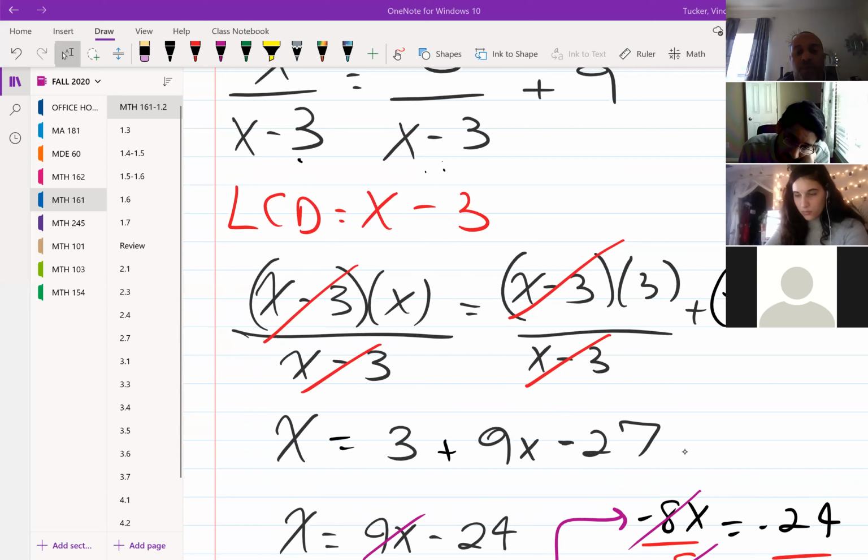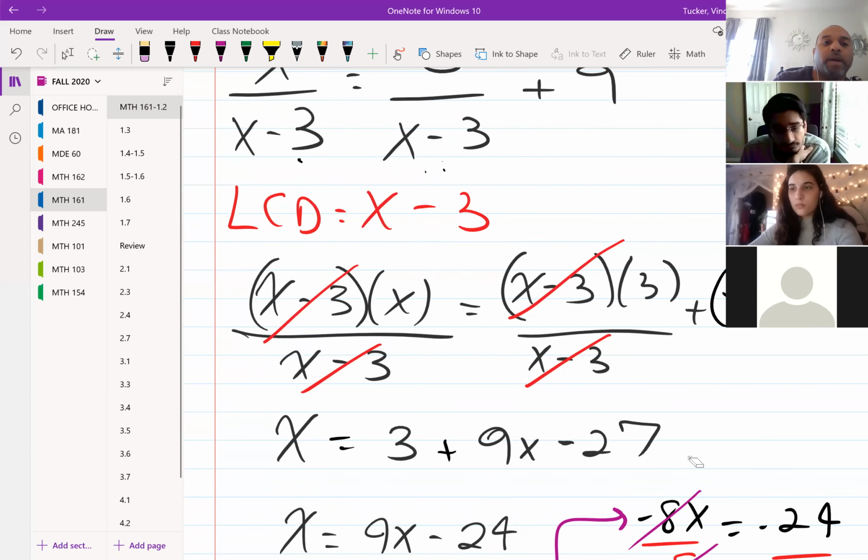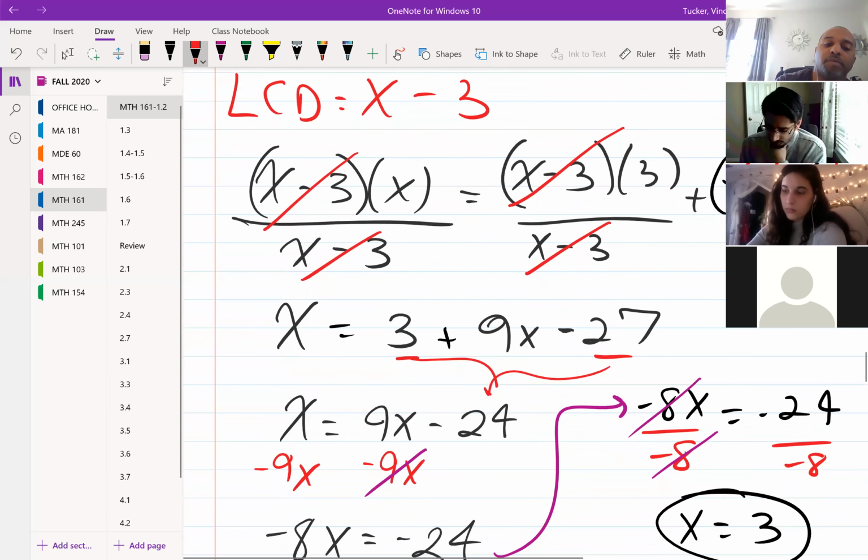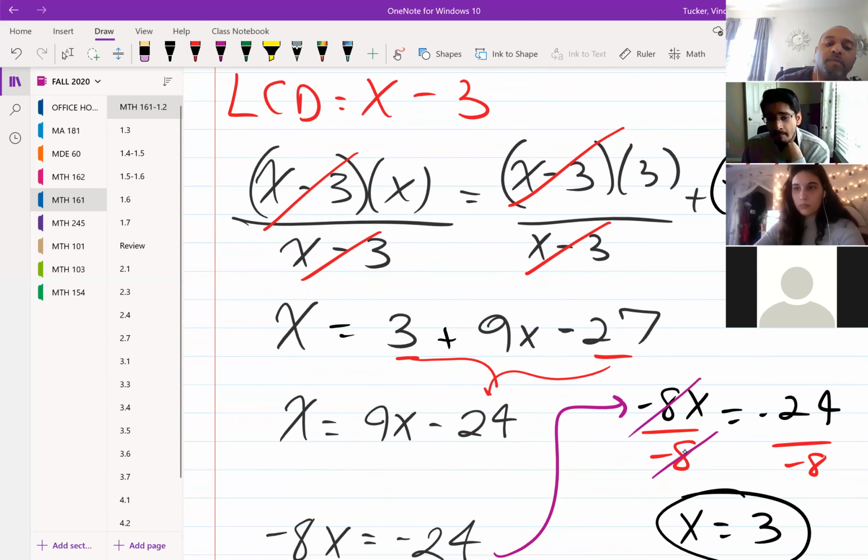And then after our distribution of 9, that'll be 9x minus 27. Now we can combine our like terms. We have 3 and negative 27. It comes down to give us negative 24. So to give us x equal to 9x minus 24.